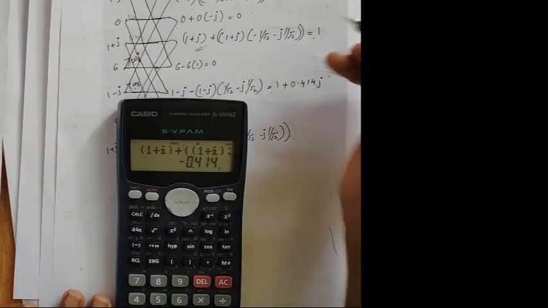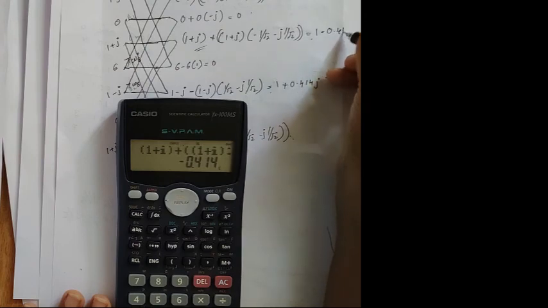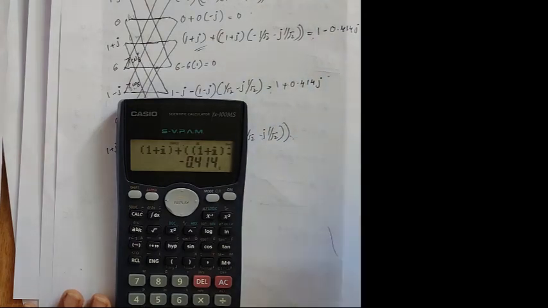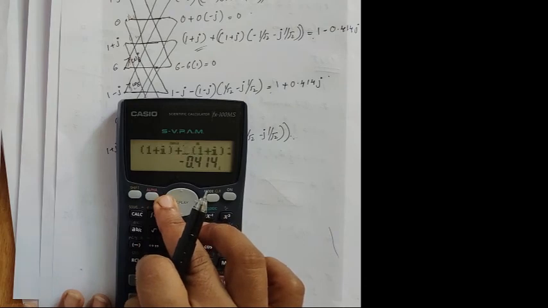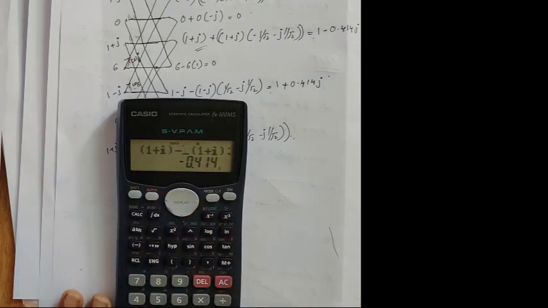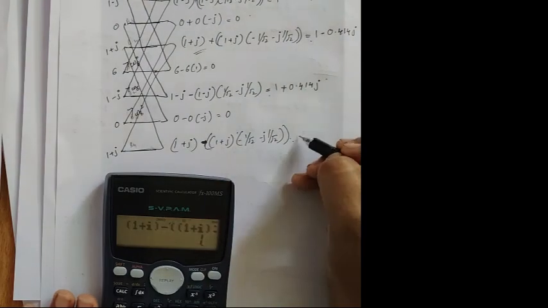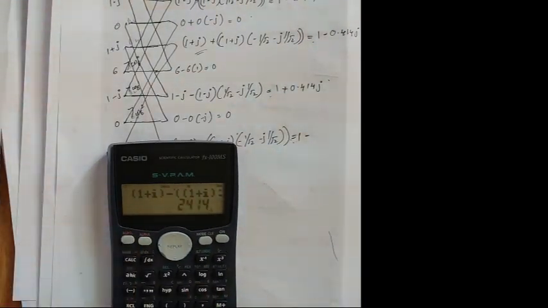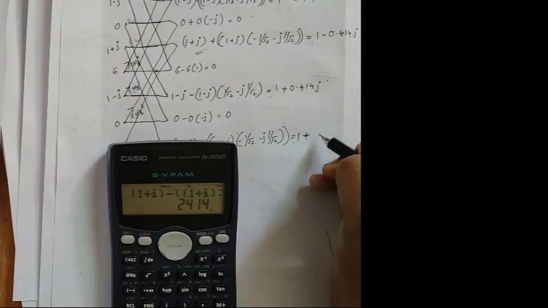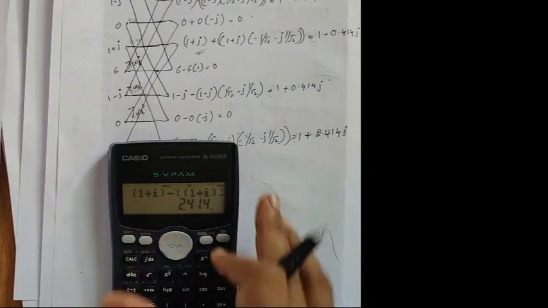Shift equal, that is minus 0.414 j. The same term, you just change the sign to minus, you will get 1. Shift equal, you will get 1 plus 2.414 j. Okay.